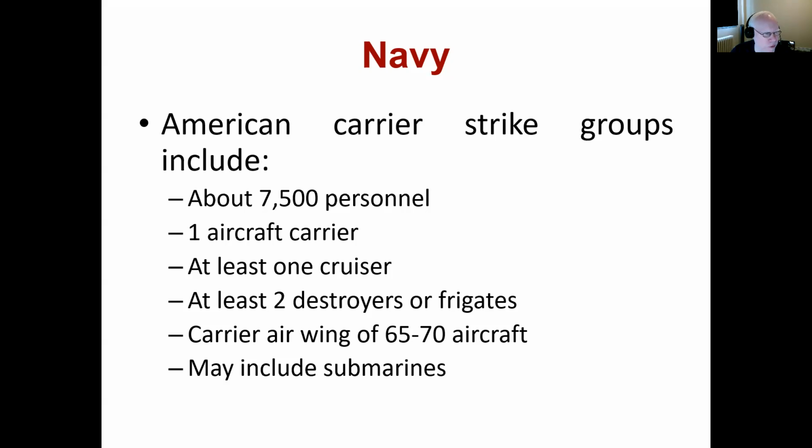A carrier air wing, so the aircraft carrier itself, is carrying about 65 to 70 aircraft, including some transport helicopters, reconnaissance, but also importantly, fighters and bombers, or fighter bombers often.